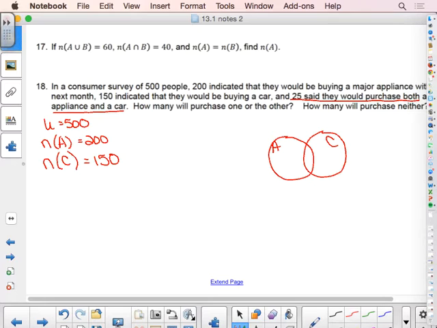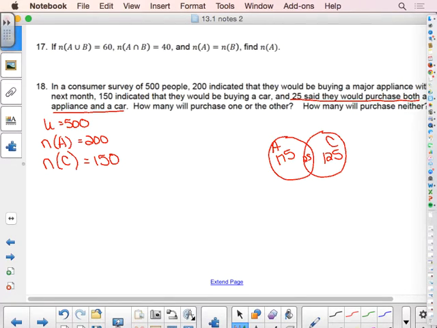Let's start with the overlap. The overlap is 25. So if 200 are going to buy a major appliance and 25 are also going to buy a car, that means that just buying an appliance is going to be 175. Just buying a car, 150 minus 25 is 125.